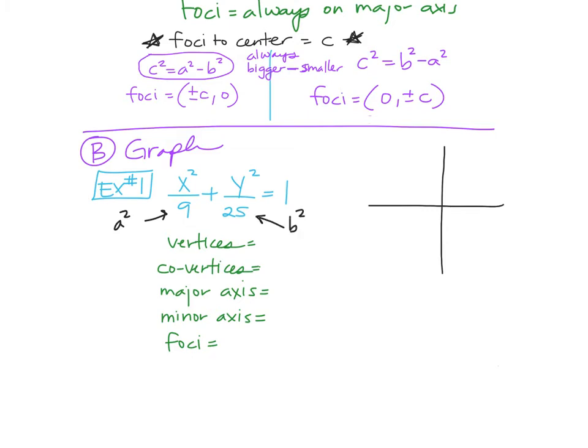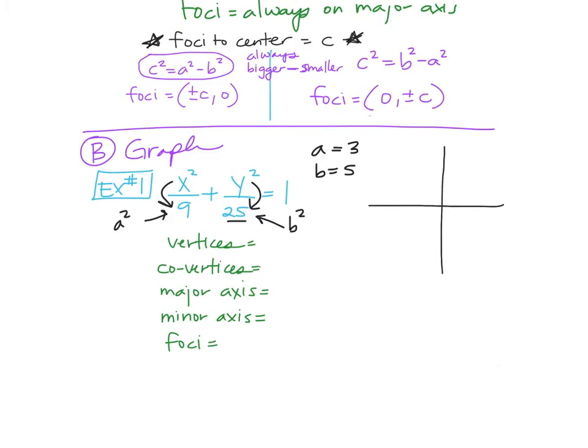Well, if this is a squared, then a is 3, and if this is b squared, then b is 5, right? We're just taking the square root of both of those. Now keep in mind, the 3 is with your x, the 5 is with your y, and that's how you know where to plot them.